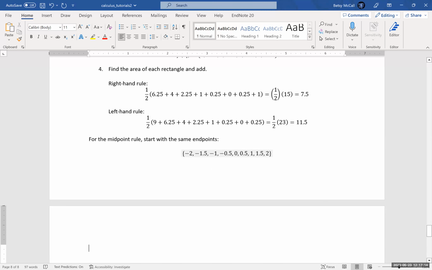But then you have to find the midpoint of each subinterval.